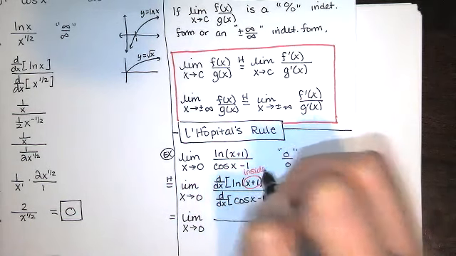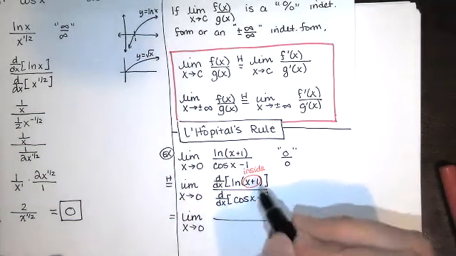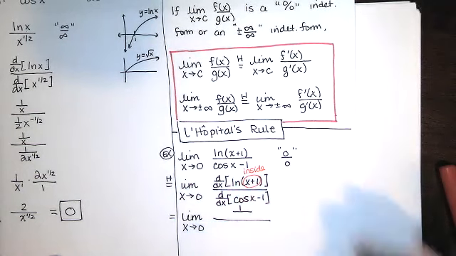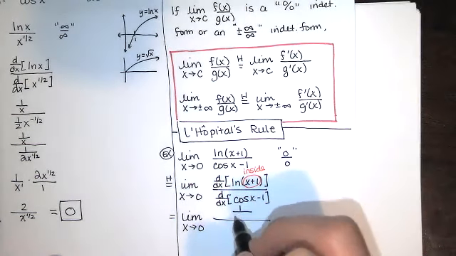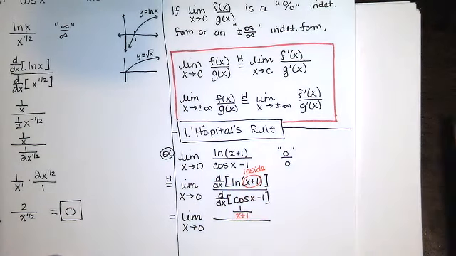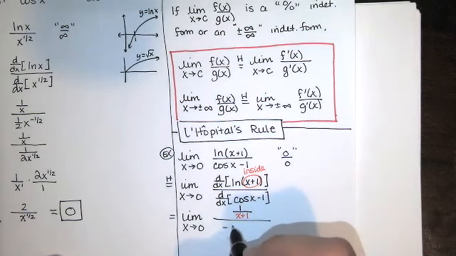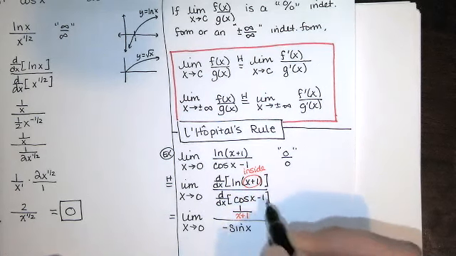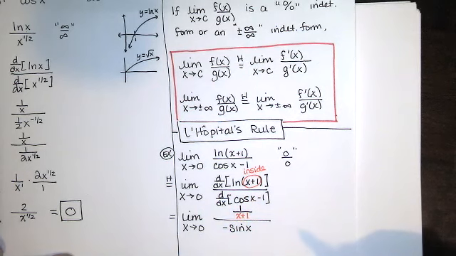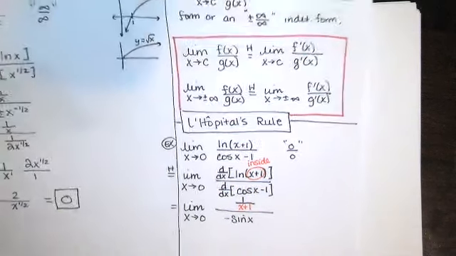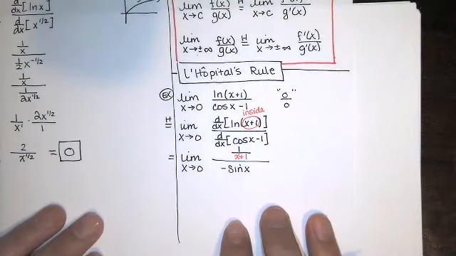So you've got an inside function. The derivative of log of a function is 1 over that function. And then the derivative of the denominator, that's the derivative of cosine of x. It's negative sine of x, plus the derivative of negative 1, which is 0. Let's see what happens.